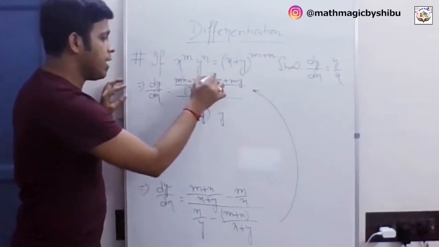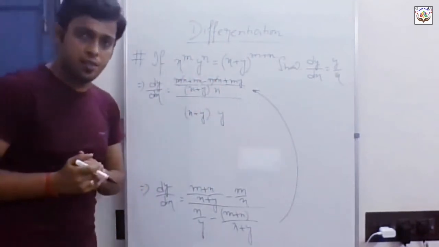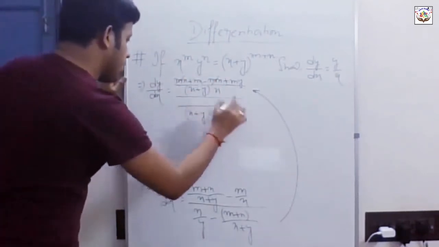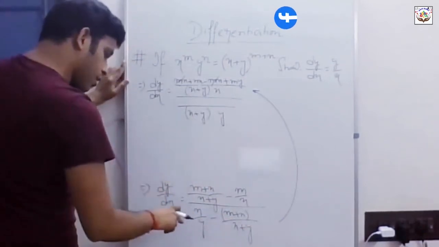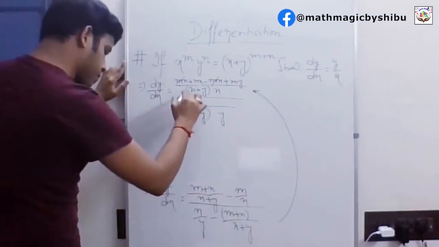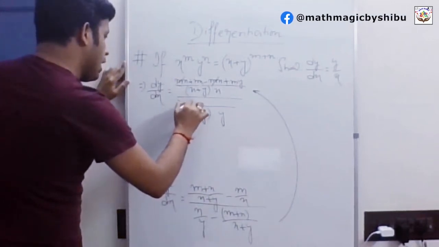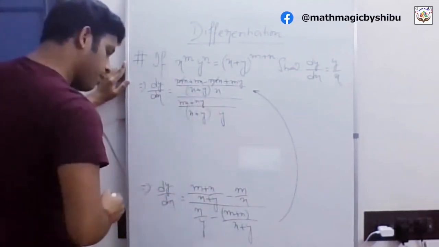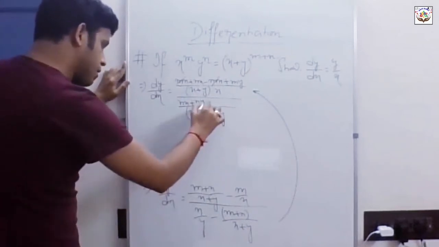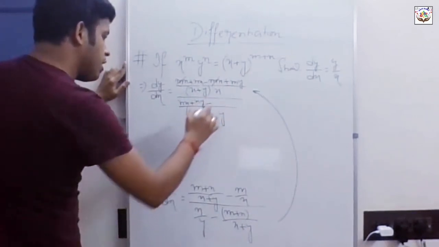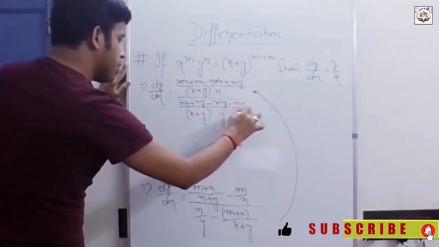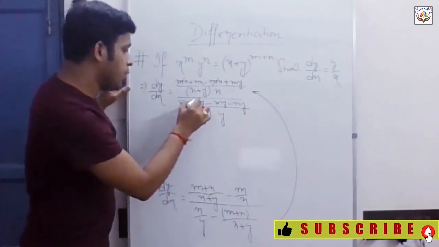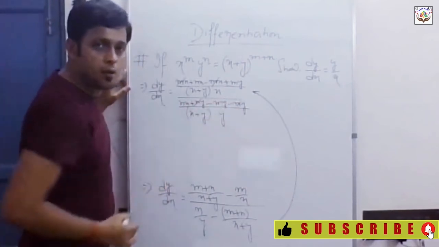So we can cancel out minus mx plus mx, and in the denominator we can write nx plus ny minus my minus ny. So we can cancel out plus ny minus ny.